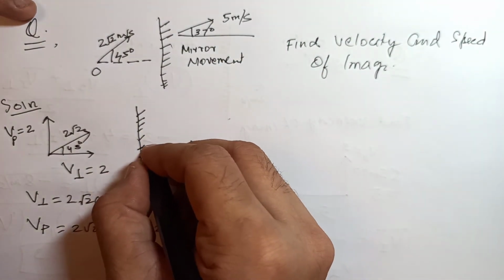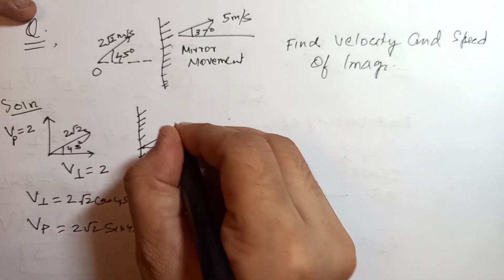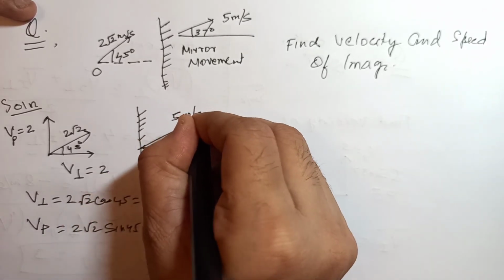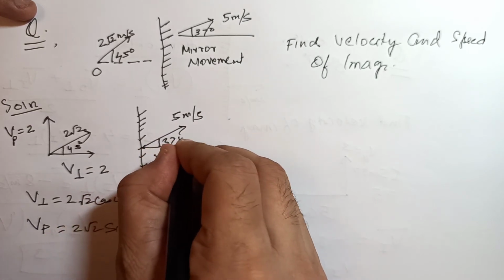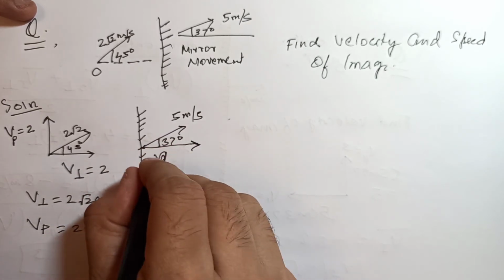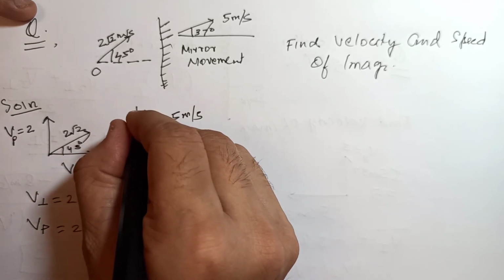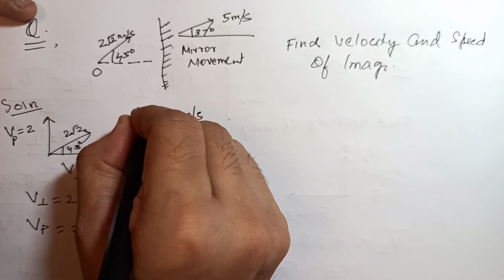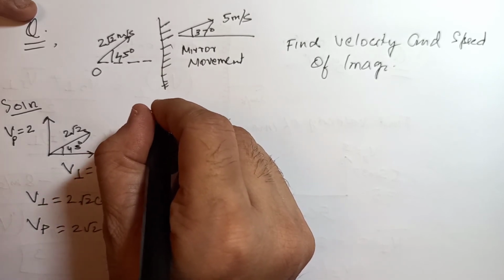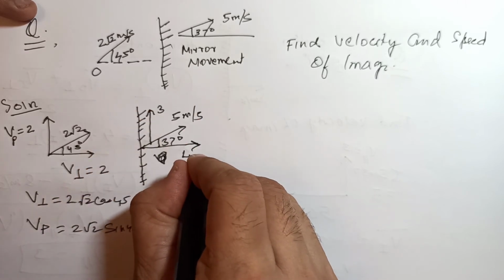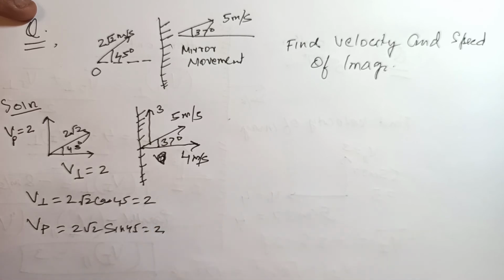If I break this into two components, this is 5 meter per second, and this angle is 37 degree. So this becomes 4, right? And this component becomes 3 meter per second.